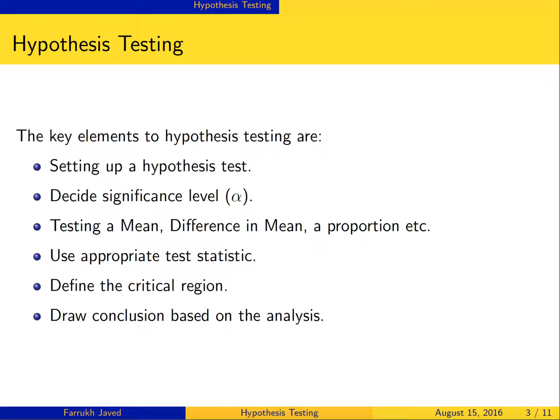And then we decide the level of significance. Just to give you a bit of familiarity with this concept, level of significance is the probability of rejecting a null hypothesis when it is true. And we always want that probability to be small, because if the hypothesis is true, there should not be a high probability associated with rejecting it.